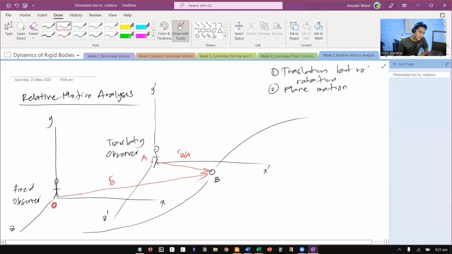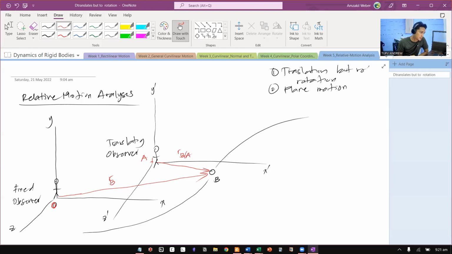So RB/A means the relative position of B with respect to A, or relative to A, relative to the person on A, or relative to the reference on A.